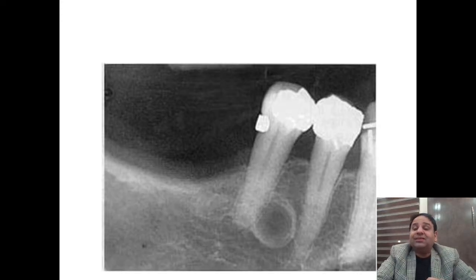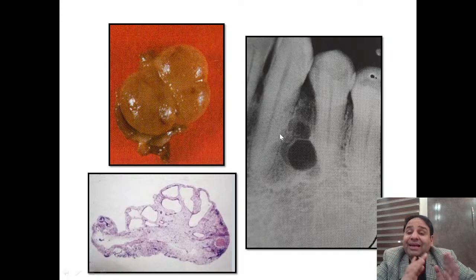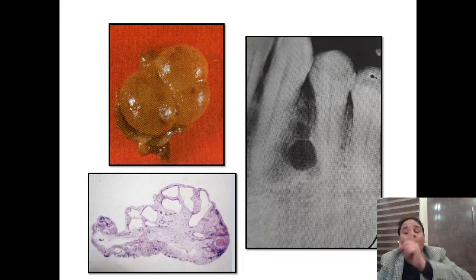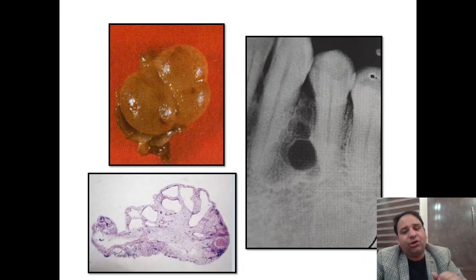Sometimes this lateral periodontal cyst can appear multilocular, resembling a bunch of grapes, and this variant of lateral periodontal cyst is termed botryoid odontogenic cyst. So botryoid odontogenic cyst is a variant of LPC, lateral periodontal cyst, which resembles a bunch of grapes or is multilocular.